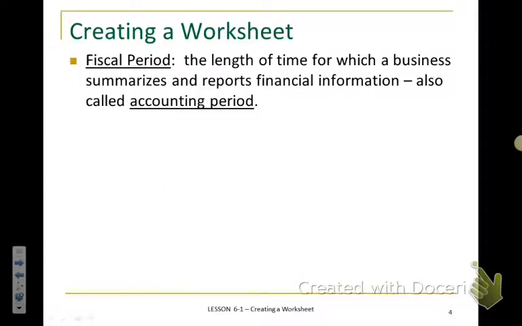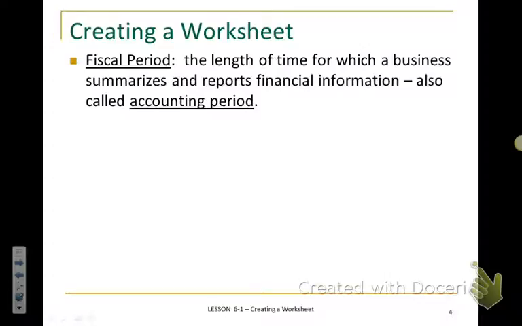So we want to use what we call a fiscal period. It's the length of time a business uses to summarize the financial information that they're reporting. For instance, some businesses report their fiscal year ends at the end of the calendar year, December 31st. Some businesses use a fiscal year end of June 30th. Some use September 30th. It all depends on your business.